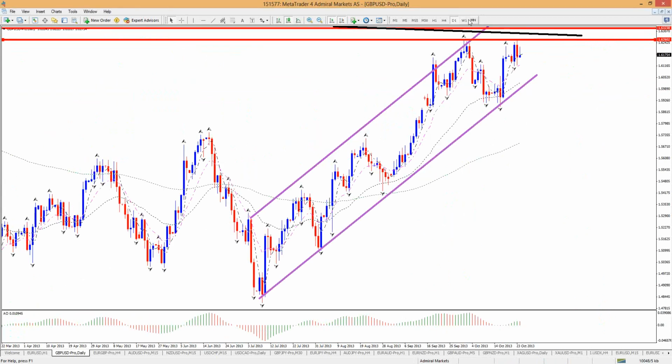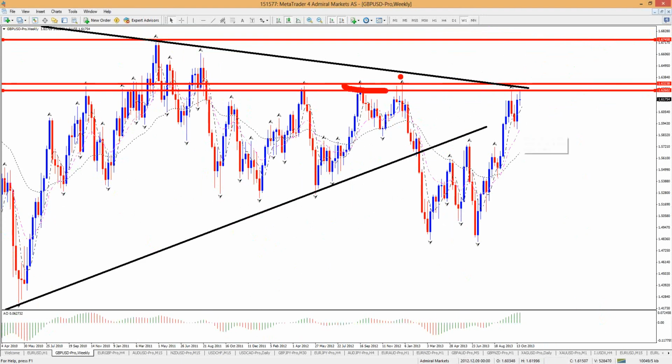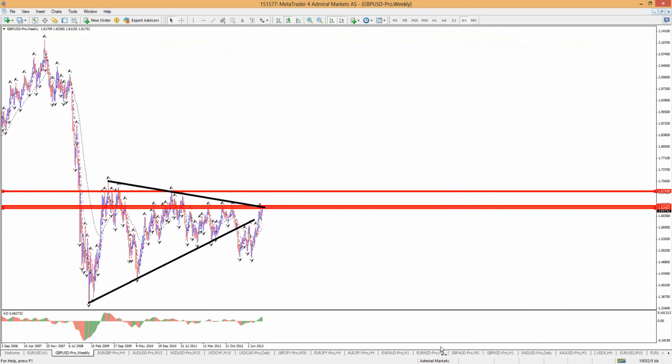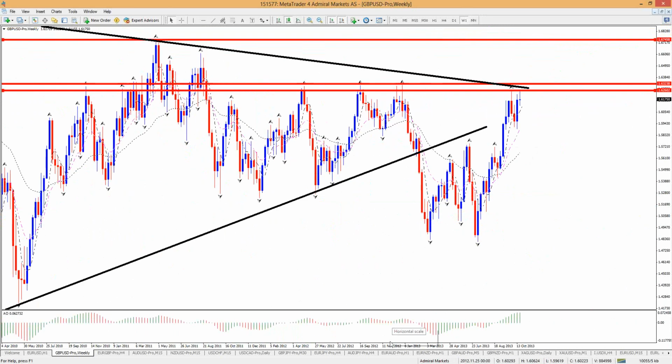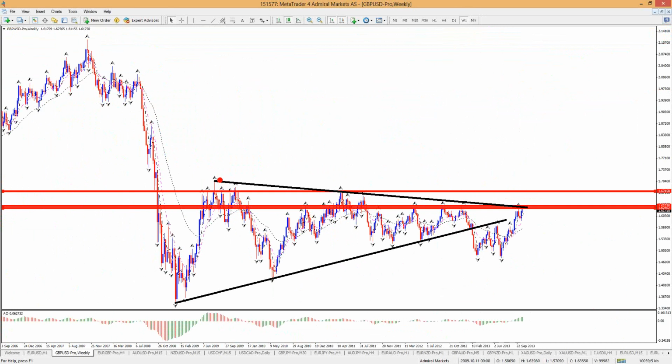Because we not only have these tops, but also a black trend line here, connecting, if you look at the chart, these tops right in here. So there are two major zones, right here and at 167.50, that are key resistance levels.